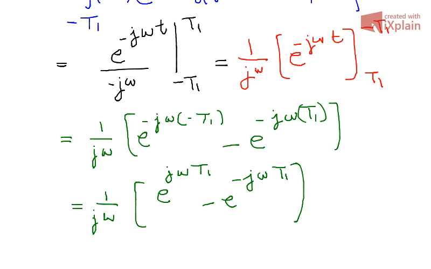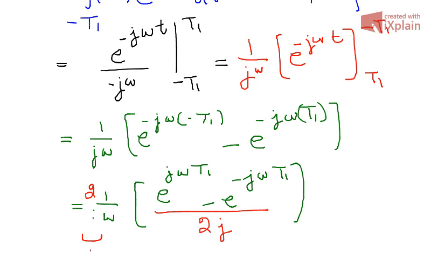Now I can also divide and multiply by 2, and instead of writing this 2j here, I will write it below, 2j, and erase it from this point.